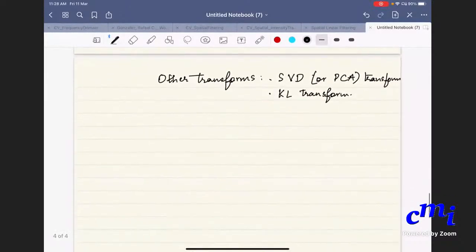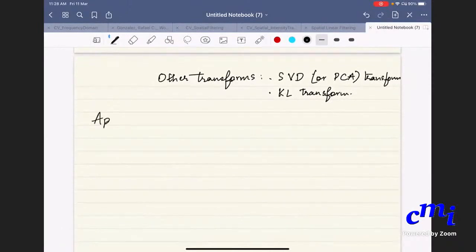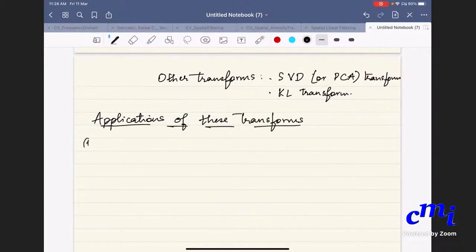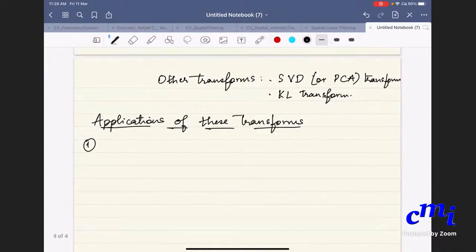What are the applications of all these transformations? One of the most important ones for us is that an operation like convolution that we saw earlier is easier to perform in the frequency domain.